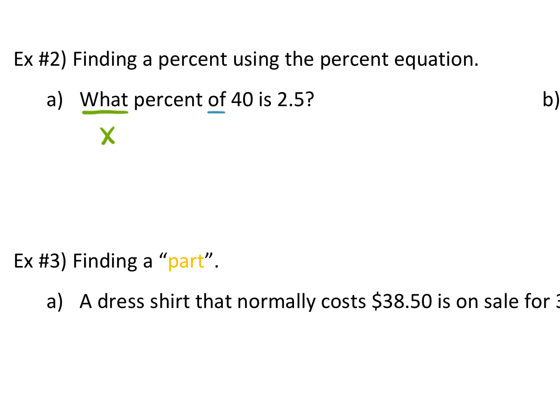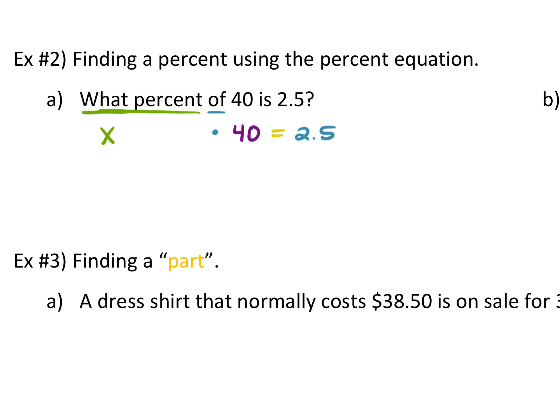That's multiplication. Okay, so I'm gonna put a little dot there for multiplication. What percent, let's just do this, of 40, is, what did we say is was in math? An equal sign. So is 2.5.